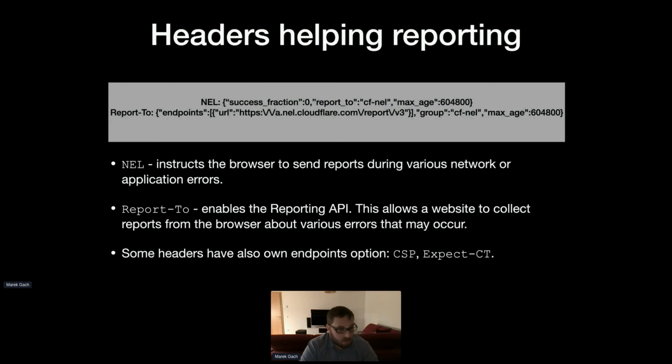There is also something like Report-To, which enables the Reporting API. So you can then put there some information from that CSP and so on, and put it into some service. Cloudflare has it by default, or you can configure it in there, or you can connect it with some external services.